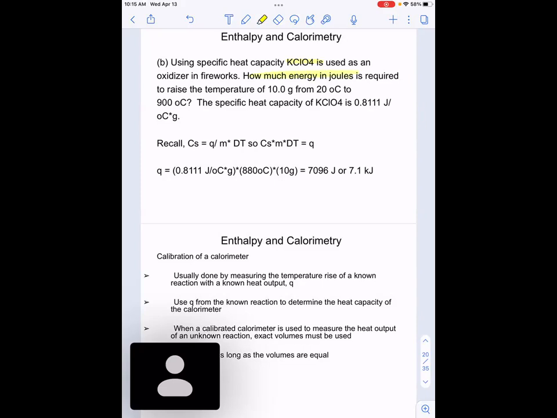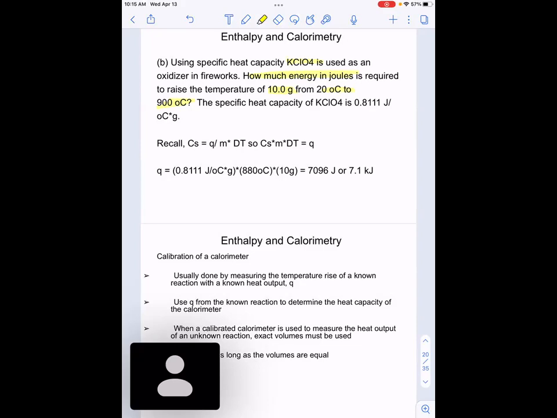How much energy in joules is required to raise the temperature of 10 grams, so that's my mass, from 20 to 900? So again, what we're looking for is the Q value.